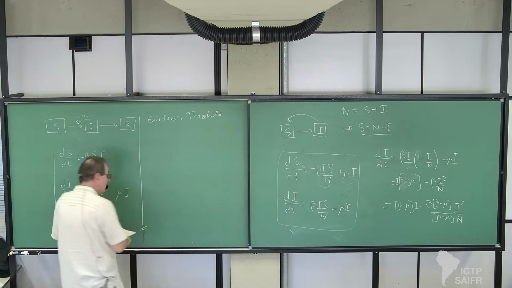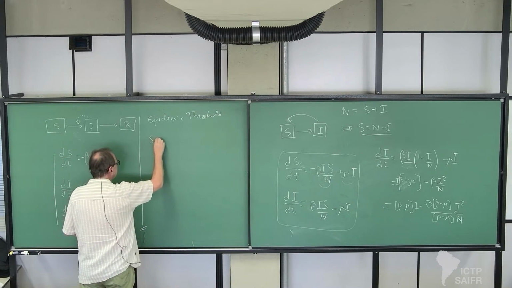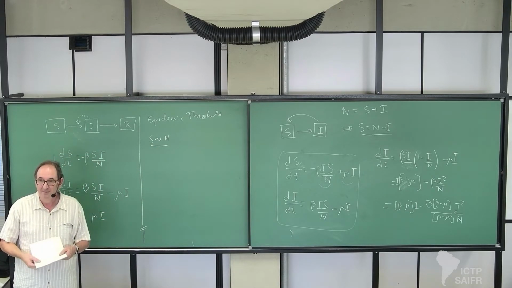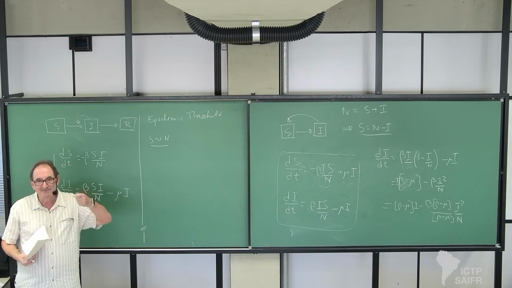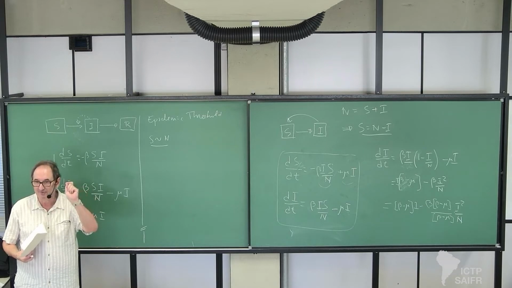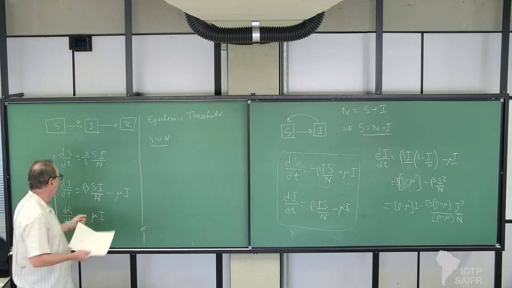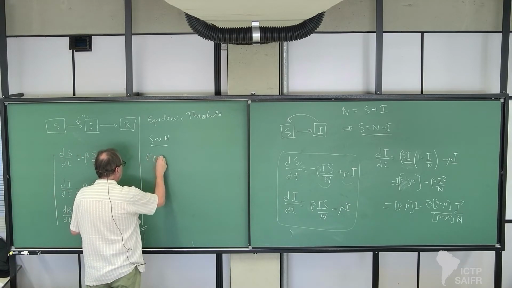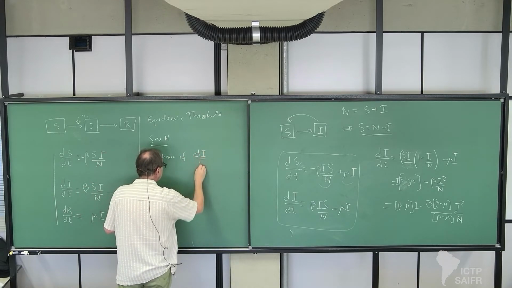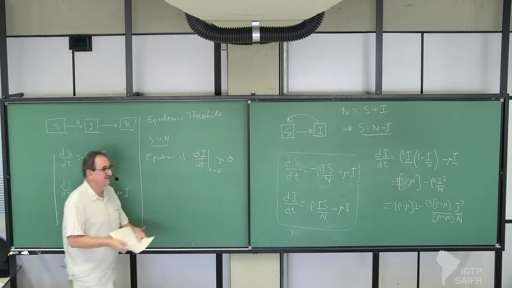So I would say I have an epidemic if, when S is very close to N at the initial point, so S is actually N, and you have only one tiny fraction of infected people at time 0, dI/dt at time equal to 0 is positive.